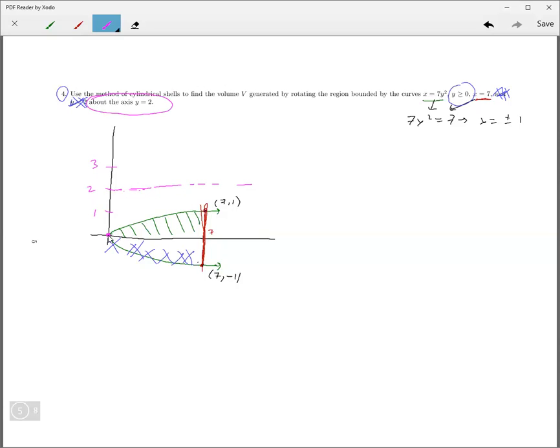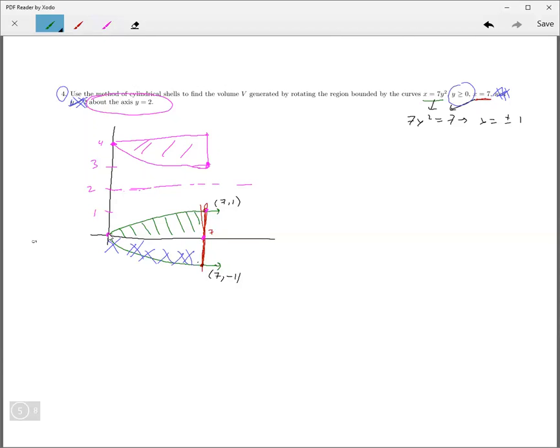So this point will get revolved around and pass through 4. This point here will get revolved around and pass through 3, like that. Of course, this point here will go to the 4. So we're going to get something like this. If we revolve it around and then take a cross section, slicing along the XY plane, we get this region and that region.